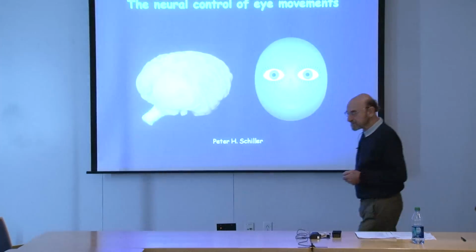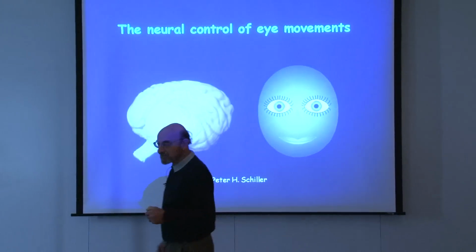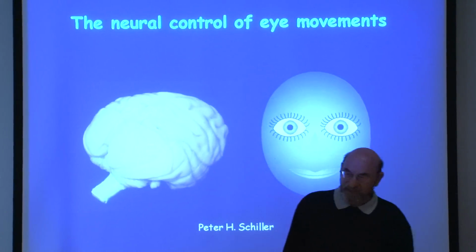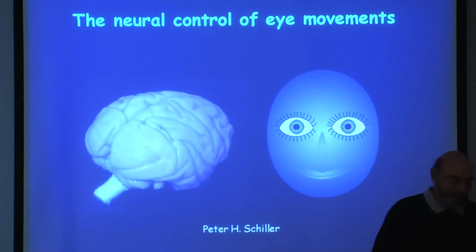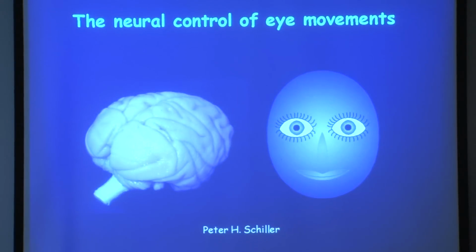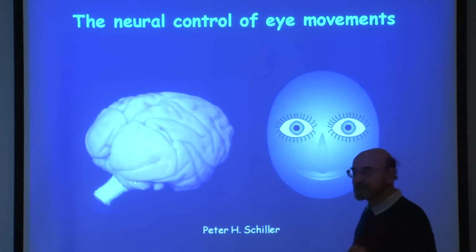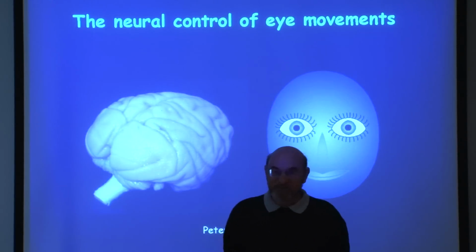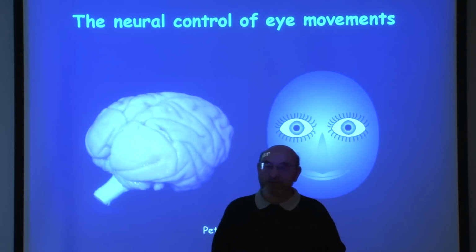Now, the basic fact is that we move our eyes practically endlessly every day. We make about 3 saccades a second, and we make more than 150,000 saccades every day, and it's not something we ever think about. Yet, every time you look at something, you have to decide where you're going to look next. And you're not even aware of it. It just happens automatically.